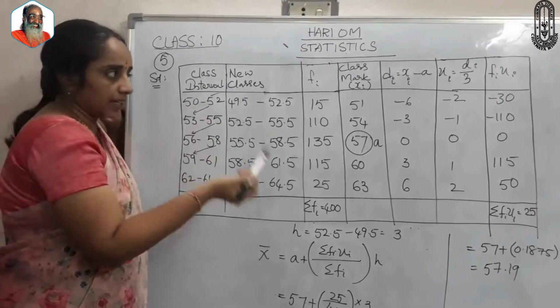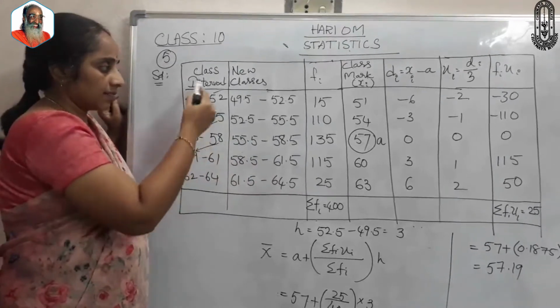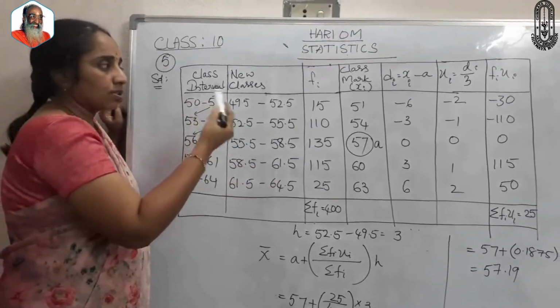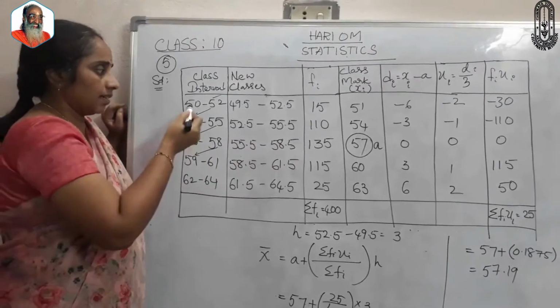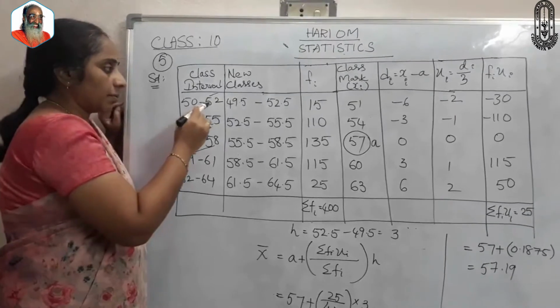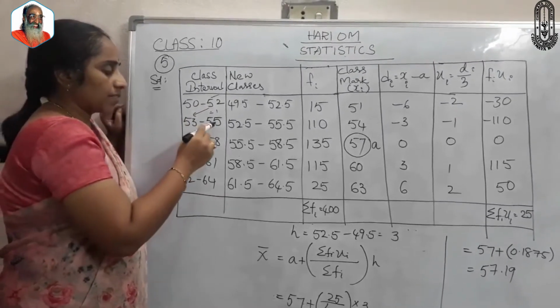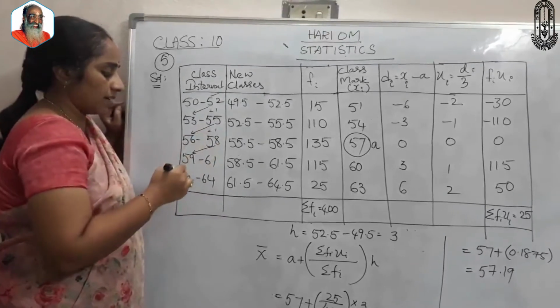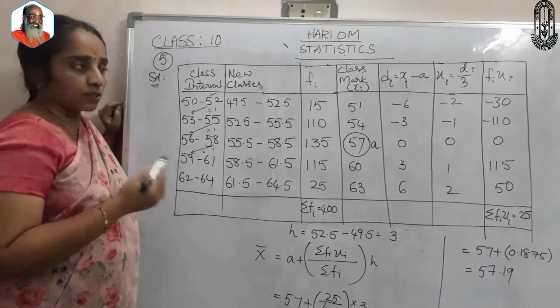We should make it equal, so that we make this entire data into exclusive classes. So, see the difference between these two, 53 minus 52 is 1, 56 minus 55 is 1. So all the time the difference is 1.